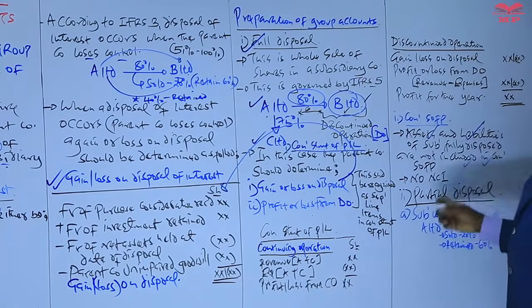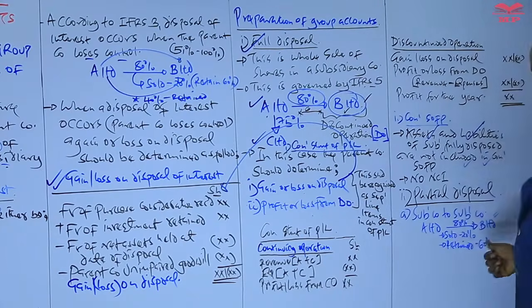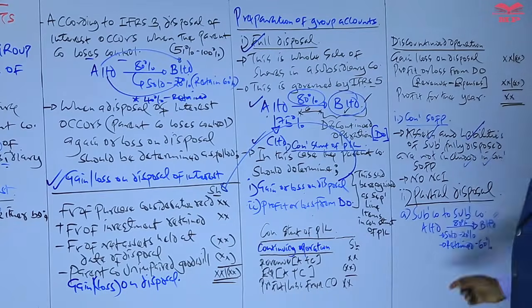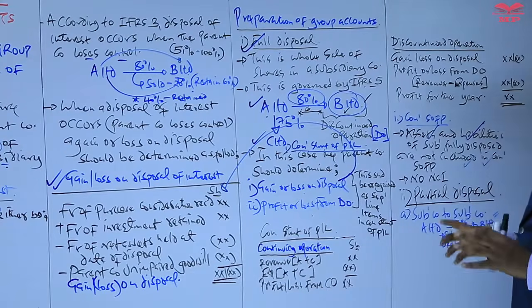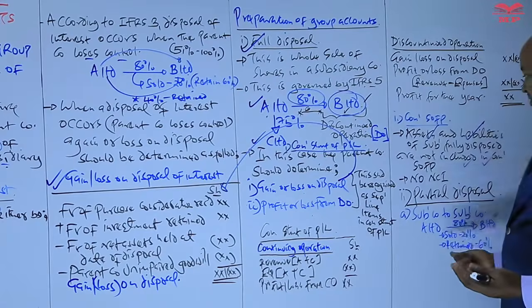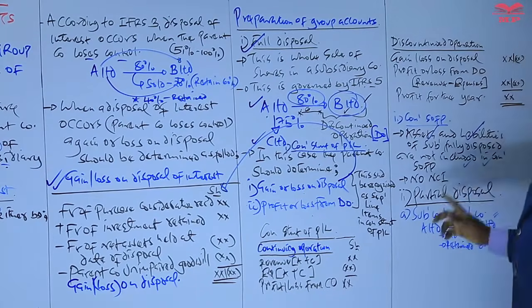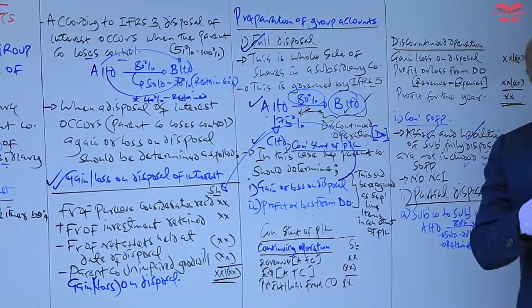On the other hand, when preparing the consolidated statement of financial position, because this company is still a subsidiary at the end of the year, you take its assets and liabilities, you add to those of the parent. Actually, this particular type of partial disposal does not have any effect as far as the preparation of the group account is concerned.